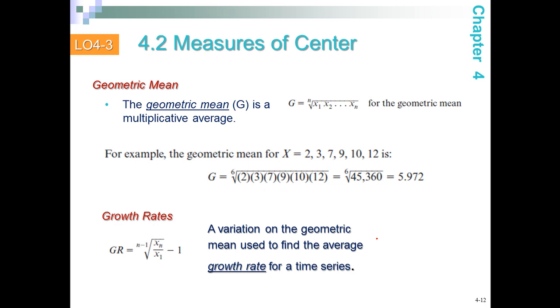And then we've got growth rates, which are also a variation on that. Now, we're not going to do too much in this class with geometric mean and growth rates. In fact, this is the extent to which we are going to talk about these things. So at least you can say you've seen reference to geometric means and growth rates, but don't worry too much about making calculations with these, unless it shows up on the homework.